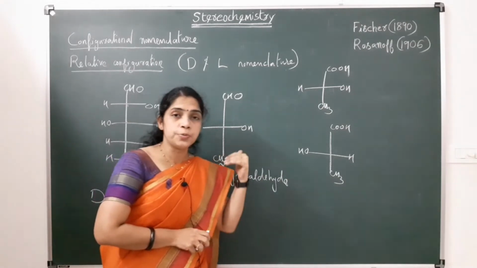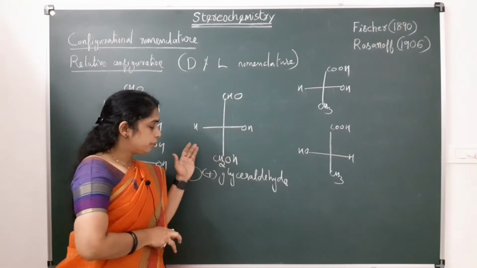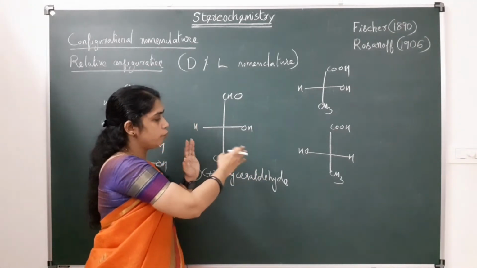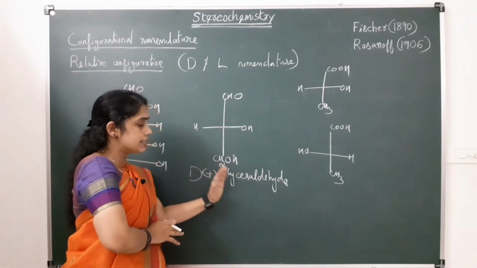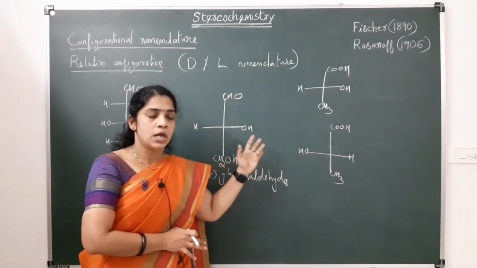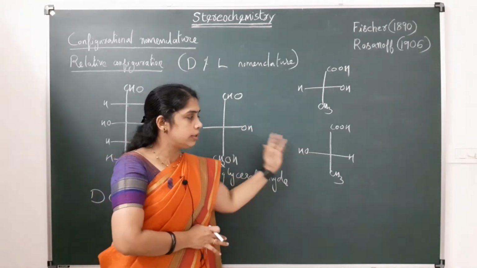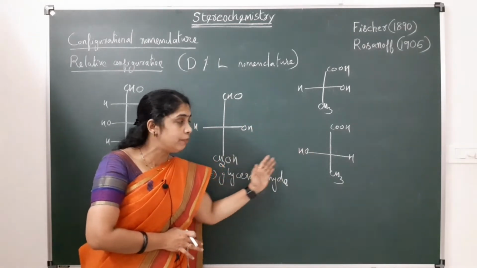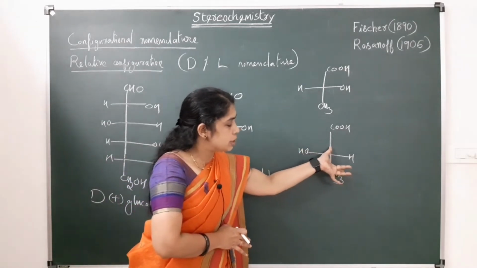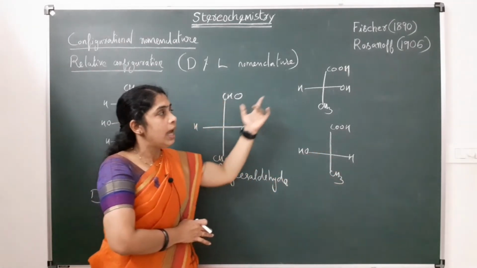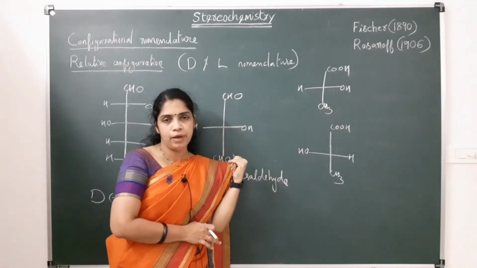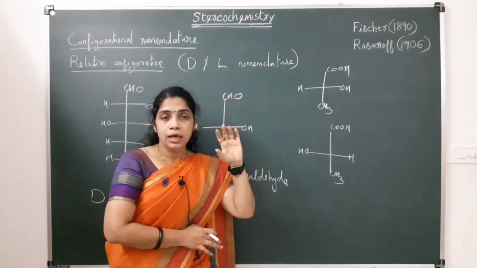As per his observation, the usual case is that D plus glyceraldehyde can be converted into one enantiomer, so that enantiomer belongs to the D family, and the other enantiomer belongs to the other family, the L family. That is the usual prediction.